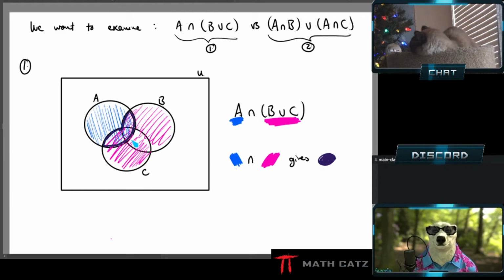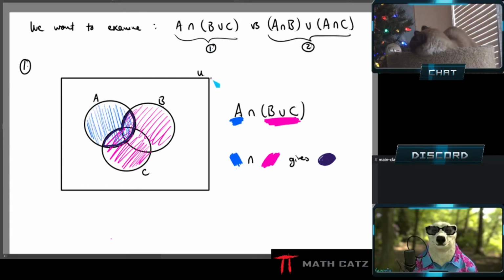Like that, right? Just outline it. Blue and pink, blue and pink, blue and pink. No, no, no, no, no. No, certainly not the outside. So I get this sort of double flower petal thing as the result if I did what number 1, the left side of the equation, says.